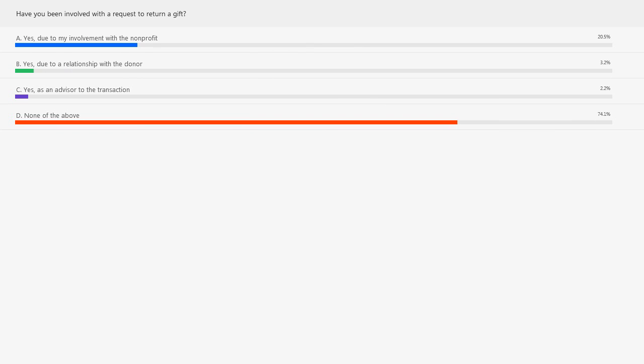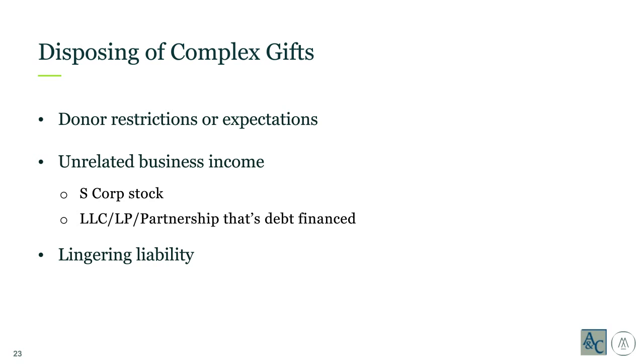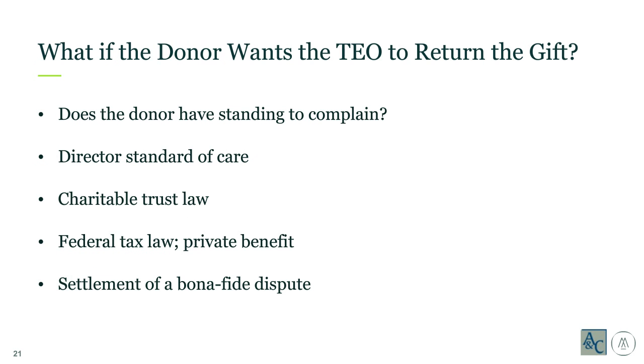Thanks. Okay, so it does look like some participants have seen this issue from the nonprofit side, especially, and many of you haven't. This is an issue that comes up a fair bit, where the donor has made a gift and then for one reason or another wants it back. It may be that they've changed their mind about which charity they want to support.